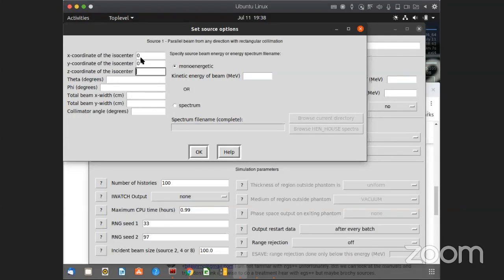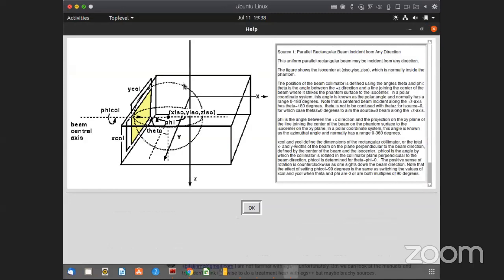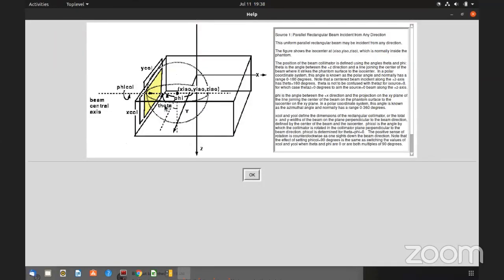0, 0, 0. And the theta, so we look at the help, okay? The theta is the angle between the beam and the Z axis. So I want this beam to come from here. So the theta is going to be 90 degrees.